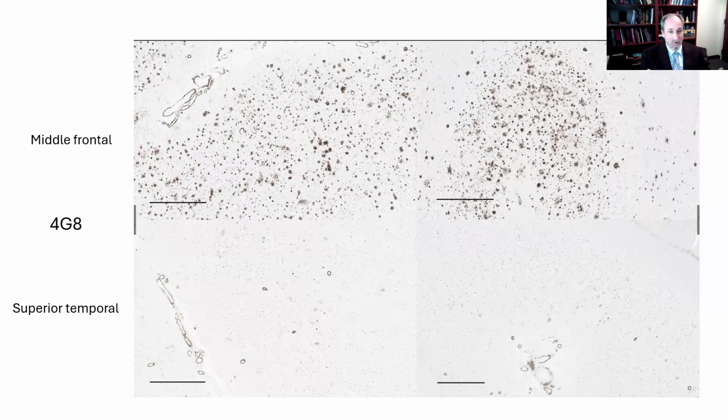Why it would be superior temporal over frontal, one doesn't know, and you don't know if the person had continued on therapy for a number of months, would the middle frontal start looking like the superior temporal? I think that is entirely possible, but I think it's evident that the agents are doing what they're intended to do, which is clear amyloid beta.